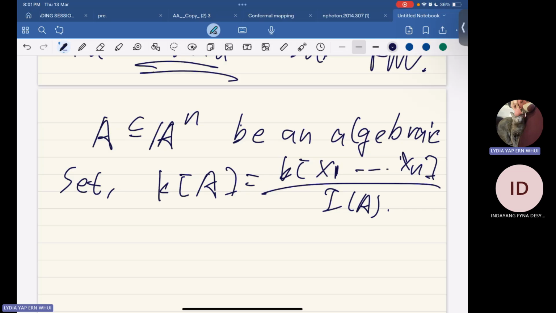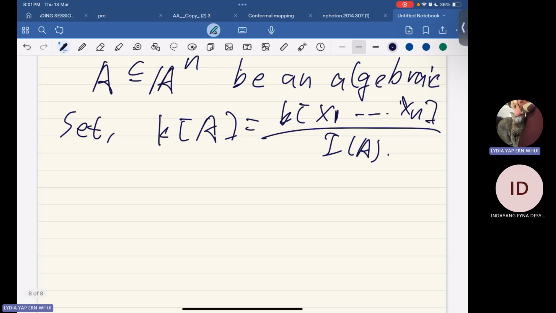And actually, we can define a homogeneous coordinate ring in P^n. Actually, this is very similar.